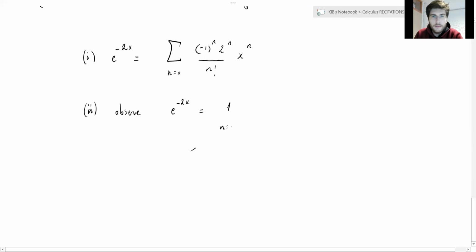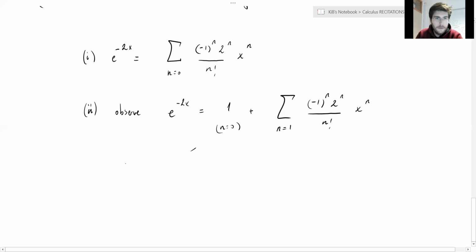This is exactly when n equals 0 plus n starting from 0, minus 1 to the n, 2 to the n, divided by n factorial and x to the n.